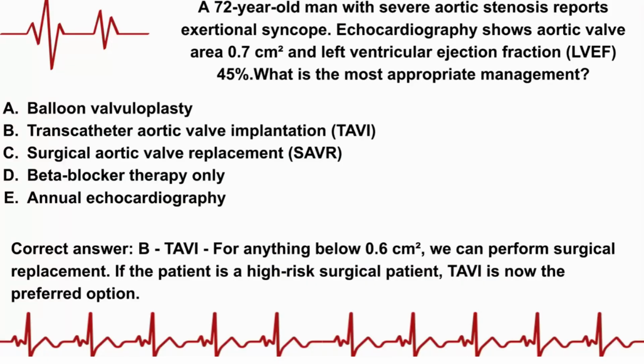You will see in most cardiac centers, this kind of line of work has been taken over by interventional cardiologists, and TAVI is done very commonly now, with excellent patient outcomes as well. So a rule of thumb is anything below 0.6, consider surgery.